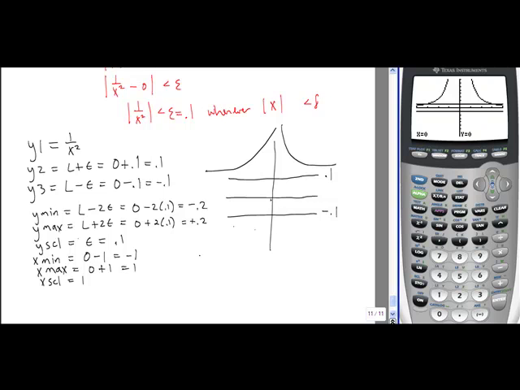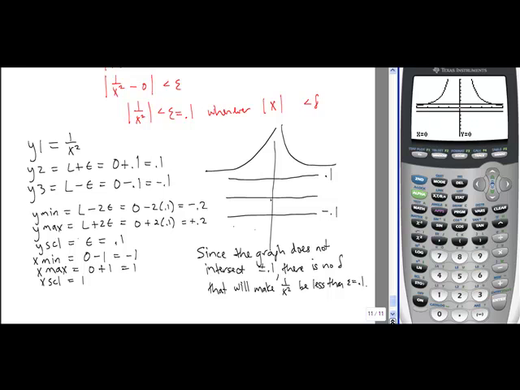Okay, so let me summarize that. So since the graph does not intersect our two horizontal lines, which are at plus and minus 0.1, there is no delta that will make our function, which was 1 over x squared, be less than that particular choice of epsilon, which was 0.1.